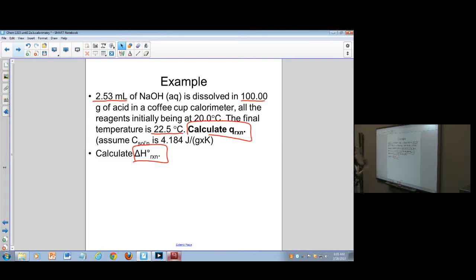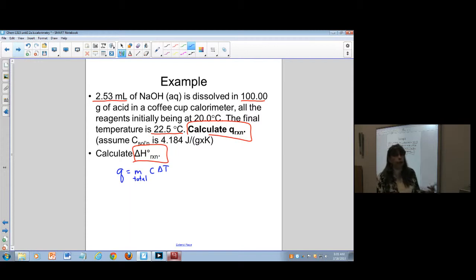To do this, you're still going to use Q is equal to MC delta T, but this is for a total mass, so the water and the sodium hydroxide in this case. We don't really have a specific heat for sodium hydroxide, but most of this is water in an aqueous solution, so we're going to assume it has the specific heat of water.